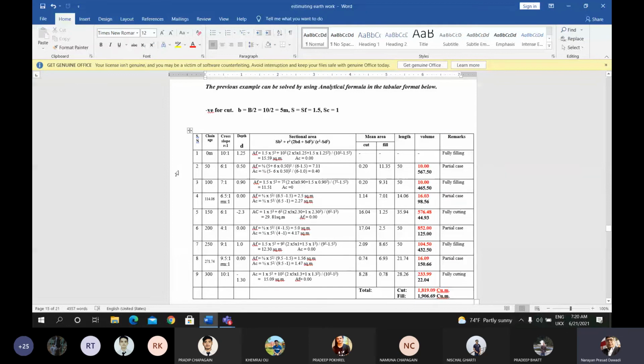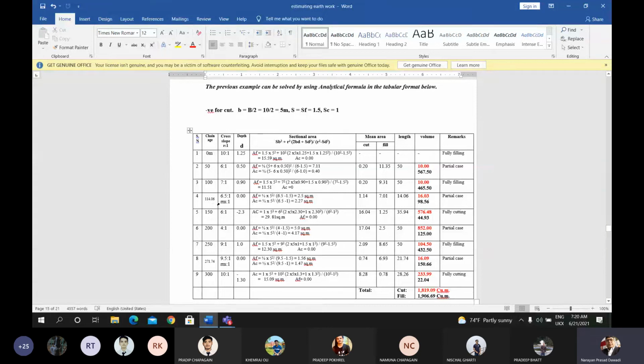Now I am doing the same question using the formula analytical method. The chainages are 50, 100, 114.06, 150, 200, 250, 271.74 and 300 meter. Some chainages are calculated according to the change of the section from cutting to filling or filling to cutting, and there may be changes in between. That chainage is calculated, and with respect to that, the mean harmonic cross slope Rm is also calculated.